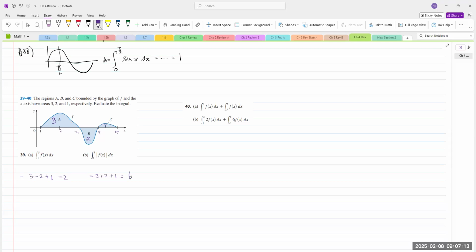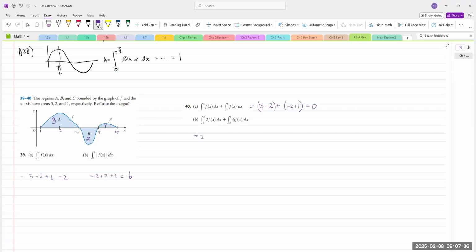How about the integral from 1 to 4? Number 40. 1 to 4 is 3 minus 2. And then 3 to 5, that will be -2 plus 1. Okay, that equals 0.